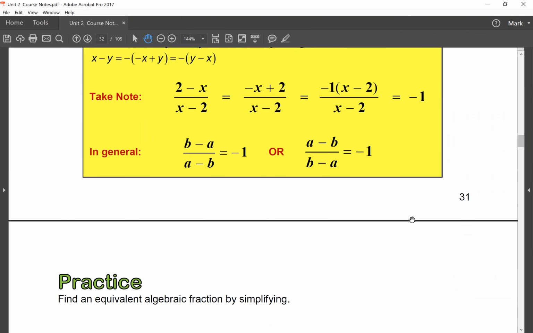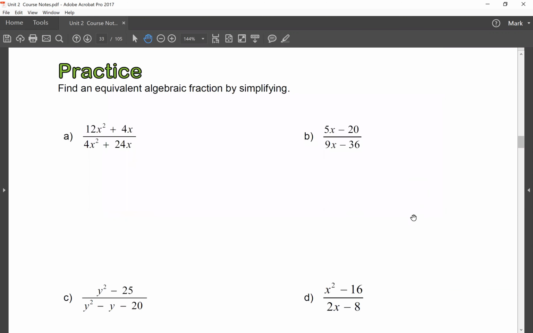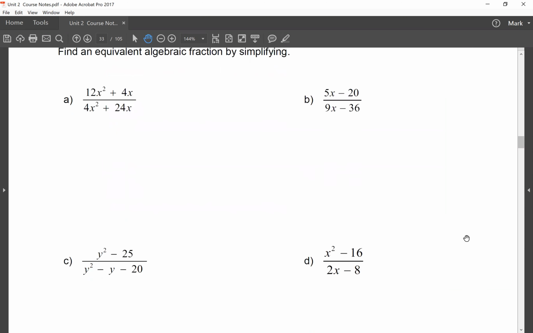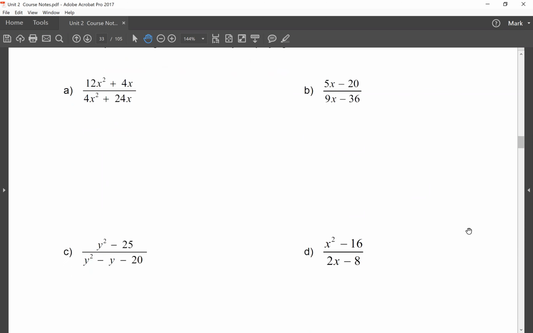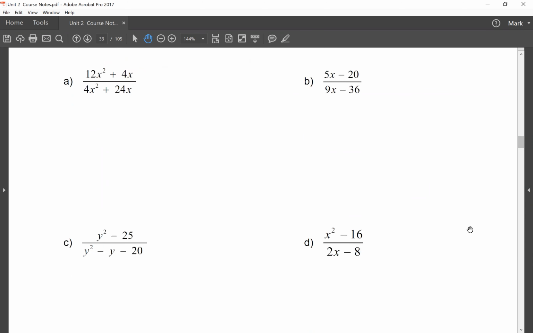All right, so let's look at an example. We can do most of these pretty quickly. Why don't I try a hard one? Not that any of these are that hard, but why don't I try one that's not as easy as A or B?